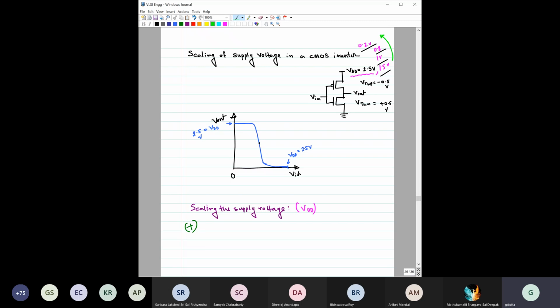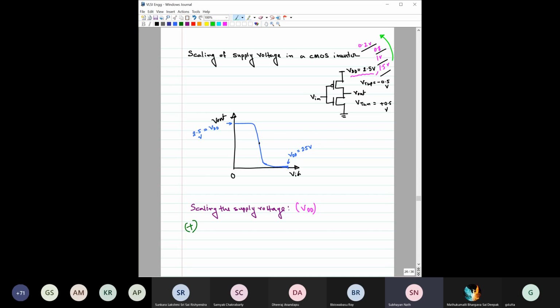If we reduce this, we can have a brick wall kind of response in this VTC, like region 3 will be exactly aligned. There is kind of perfect switching.